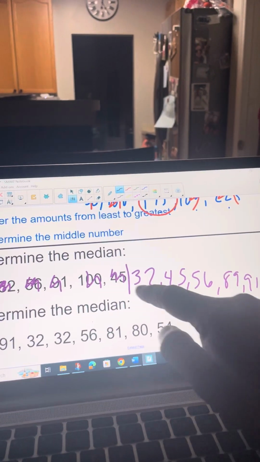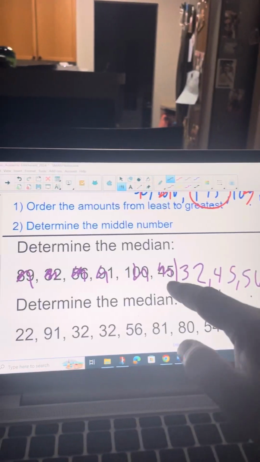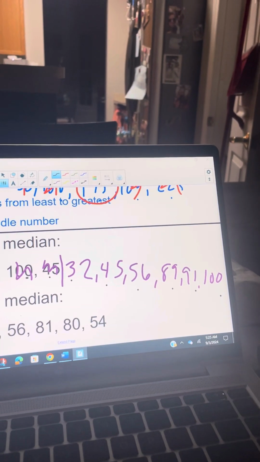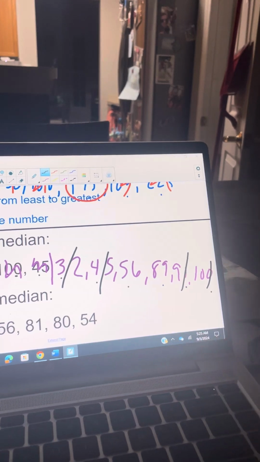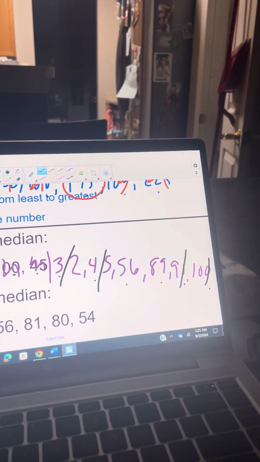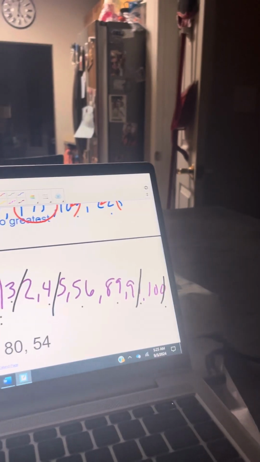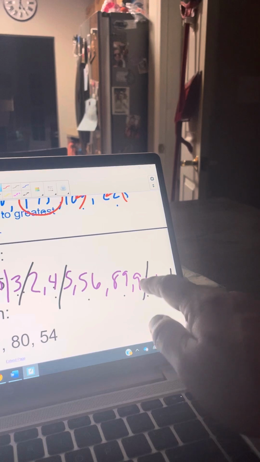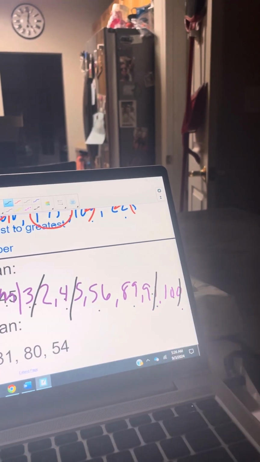So we double check here. I have 1, 2, 3, 4, 5, 6 numbers in my data set. I had 1, 2, 3, 4, 5, 6 numbers I'm working with. Now I'm going to cross out smallest, largest, smallest, largest. And wait a second, I'm noticing here, when I'm crossing these out, I have 2 crossed out here, 2 here, and 2 here.